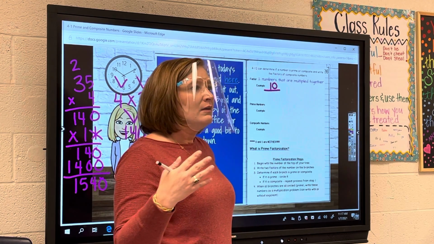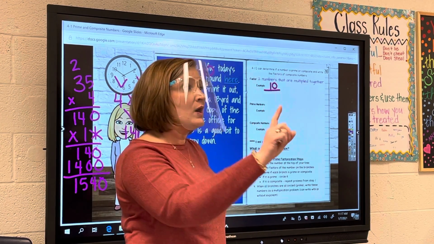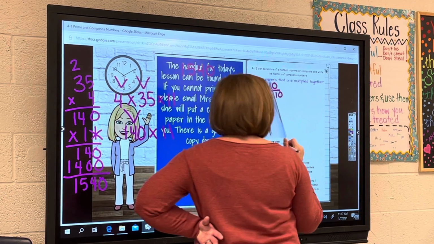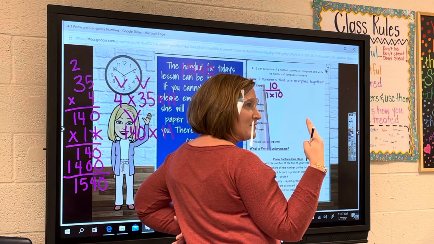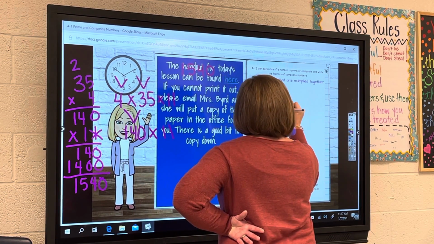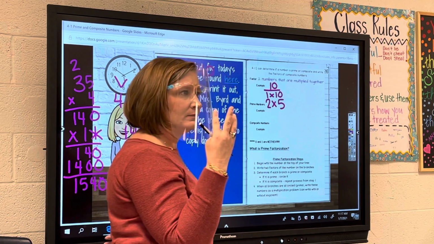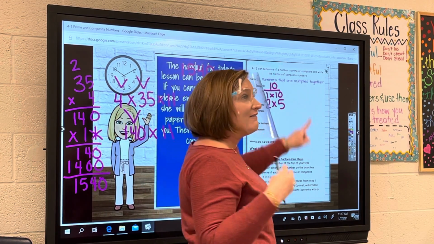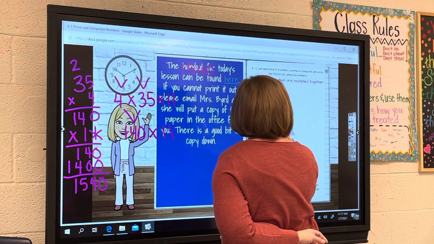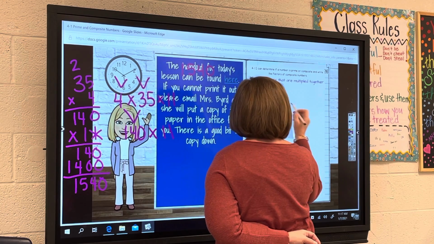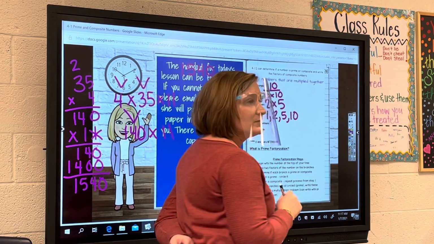Let's start with 1. 1 times 10. And then 2, 2 times 5. 3, 4, and I'm back at 5. So the factors of 10 are 1, 2, 5, and 10. I just kind of make a U to write them in order.